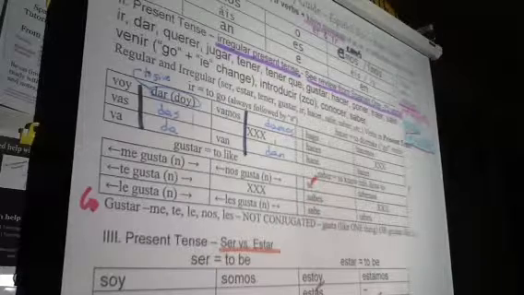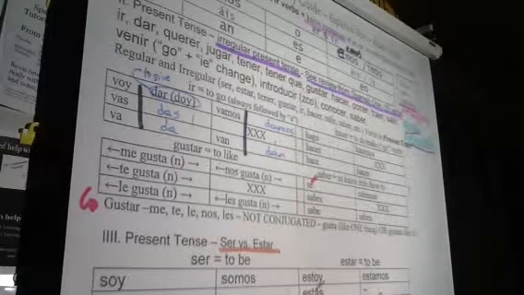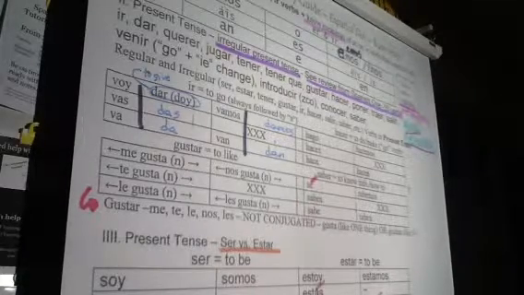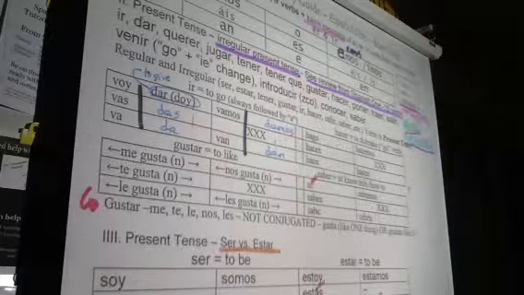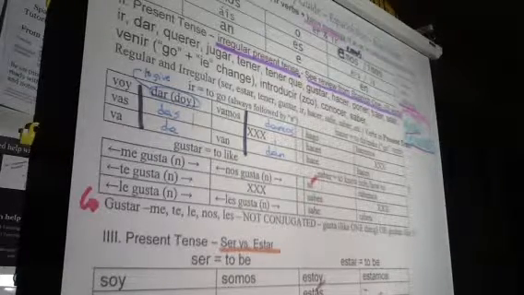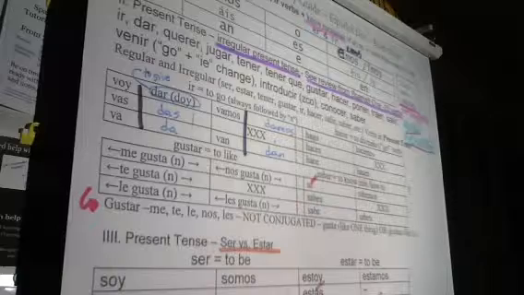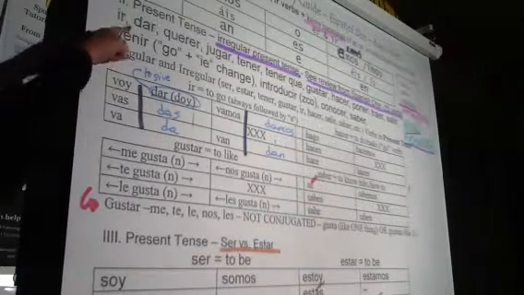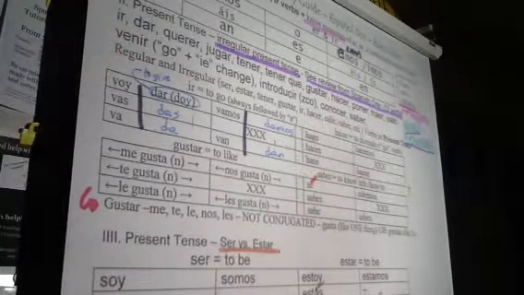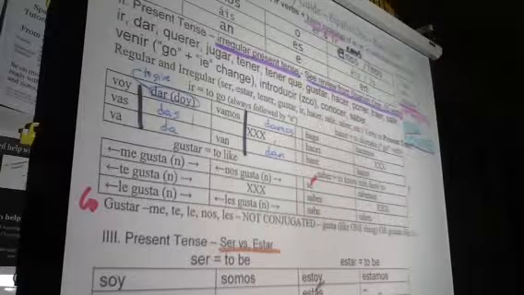Then hacer in the present tense is just irregular in the yo form, just a go change. Saber is just the yo form. And then I listed the rest of them all up here for you to have your irregular verbs. Okay, so that's just a few of them.